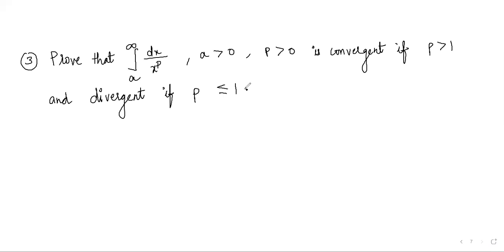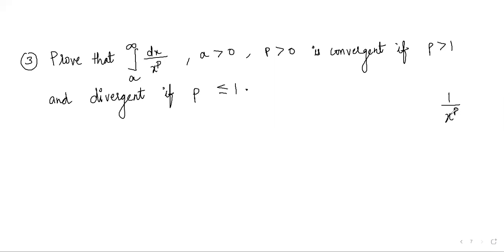First of all, let us check what is the type of this improper integral. Since the upper limit is infinity, it is an improper integral of first kind. Here we will be considering two cases, because the integrand is 1 upon x raised to power p.